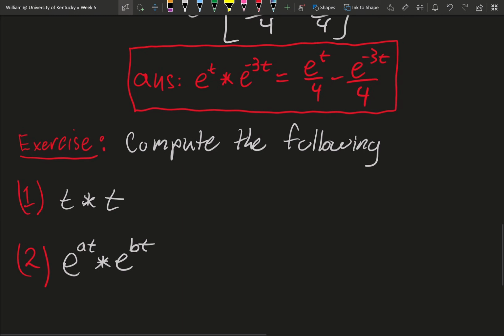All right. So let's go over what these answers should have looked like. So note, when we write this down, we should be taking the integral from 0 to t of w times t minus w.